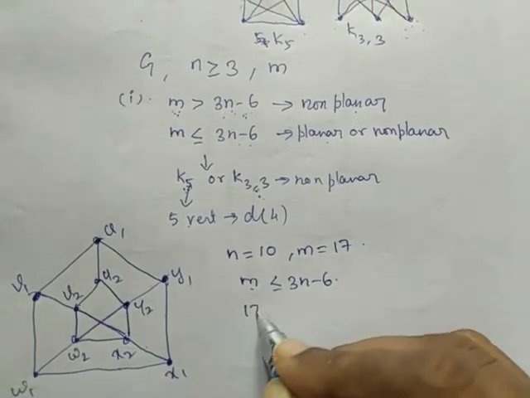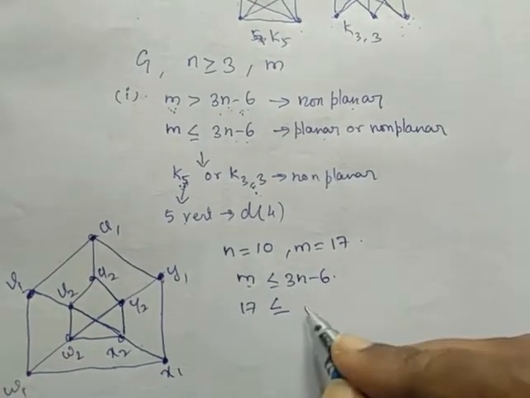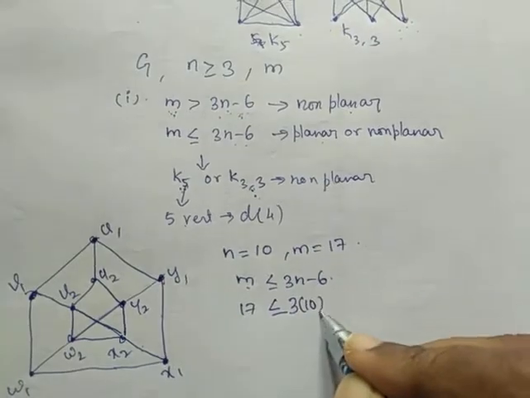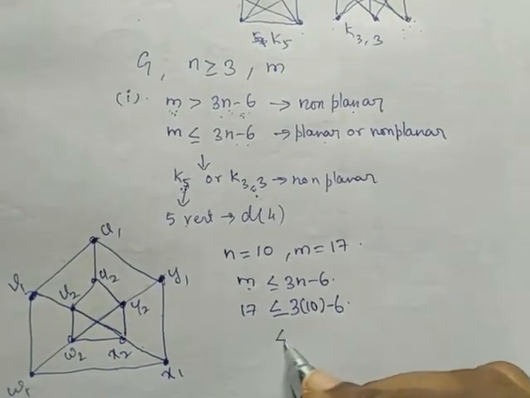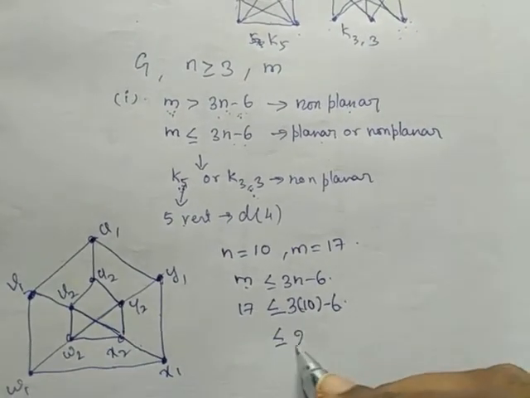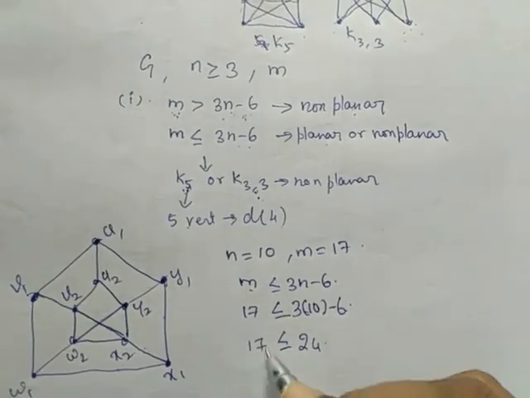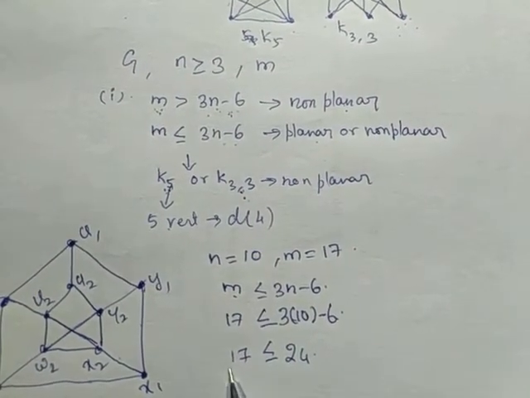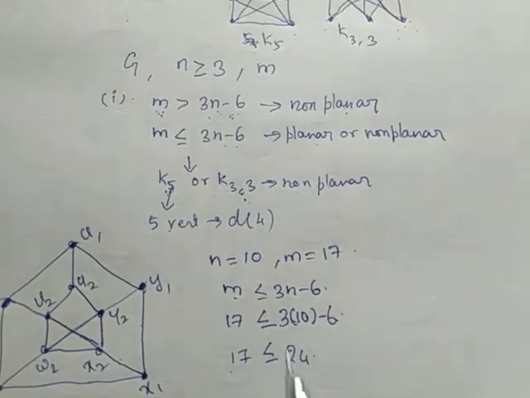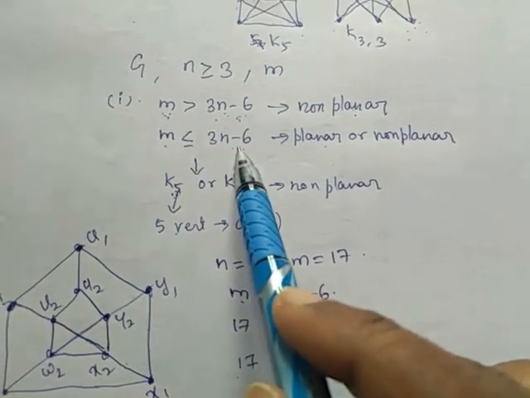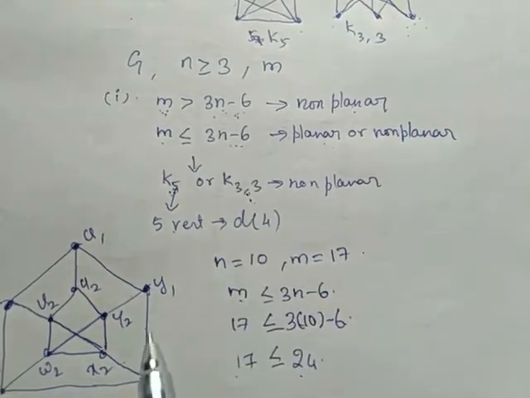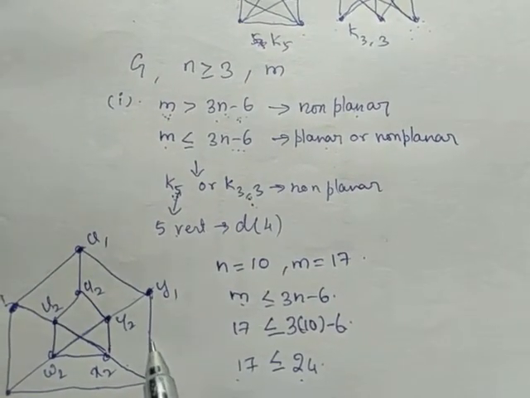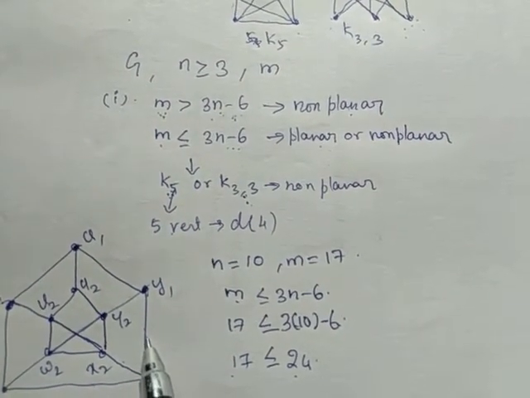M is 17, n is 10, so 3n minus 6 is 30 minus 6, which is 24. 17 is less than or equal to 24. So m is less than or equal to 3n minus 6. This graph G may be planar or it may not be planar.